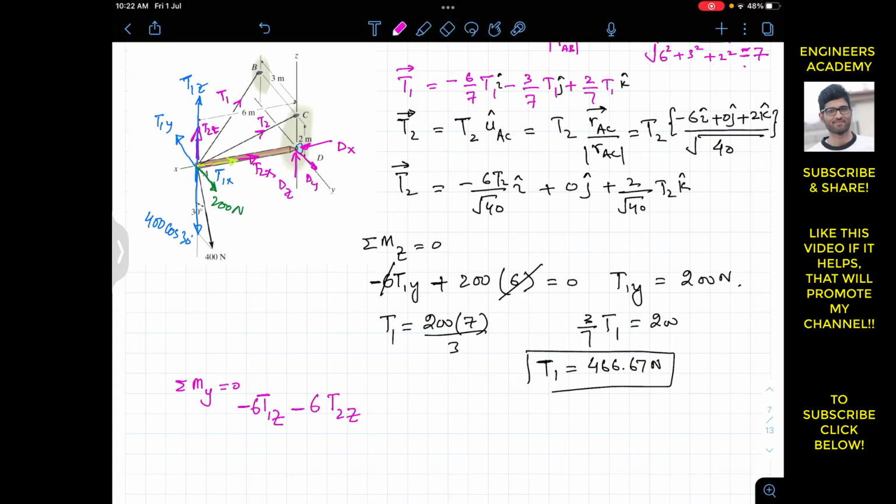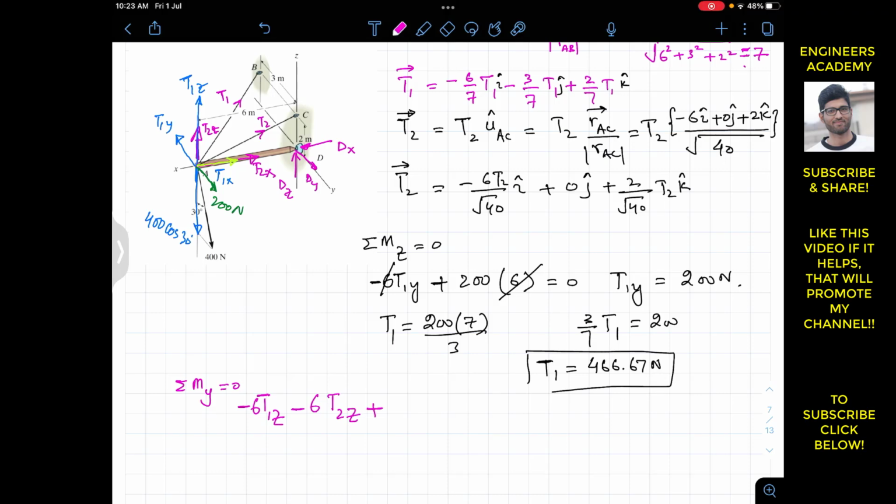So we will multiply this with 6. This is the moment arm of T2z, and this cos component is going to rotate the system about the y-axis like this. If we curl our right hand fingers in this direction, the thumb is going to point out in the positive y direction. So this cos component is producing the counterclockwise moment about the y-axis.